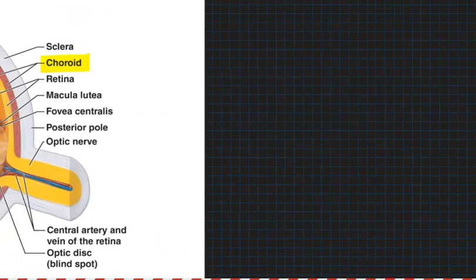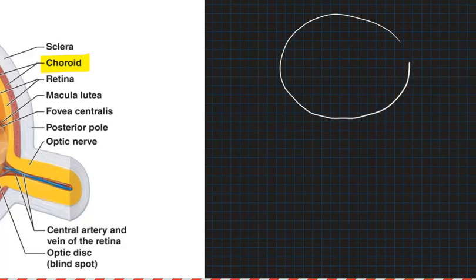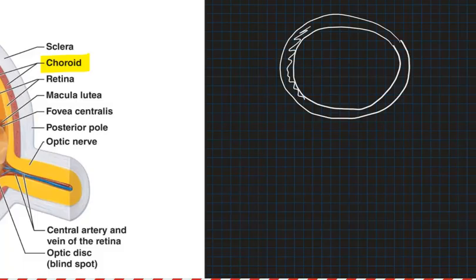We're doing all right? So, I'm going to draw something. So this is your ciliary body, when you look at it from the front. Does that make sense?